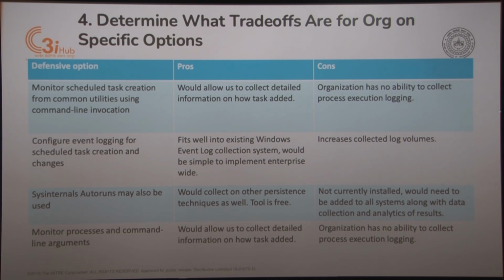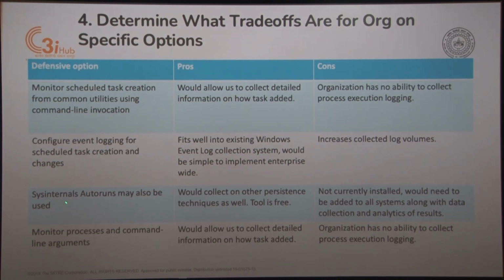So, how can one understand which process is being scheduled? The next defensive recommendation is to configure event logging for scheduled task creation and changes, which fits well into the existing Windows event log system and would be simple to implement enterprise wide. But again this increases the log volume.